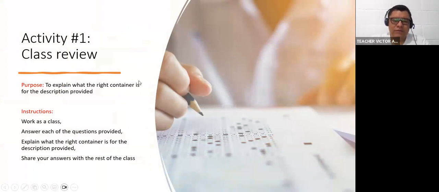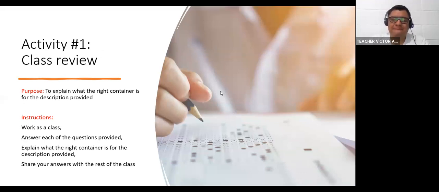You might remember that yesterday we learned a little bit about containers, and I had some examples there. You were working in groups, if you remember very well, and you were deciding the right container for some of the items that I'm about to show you.